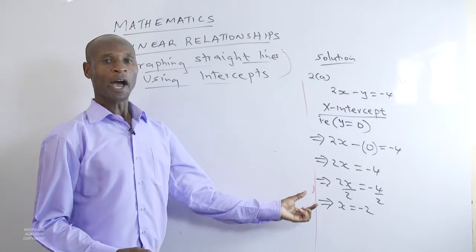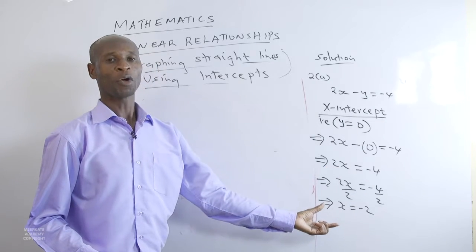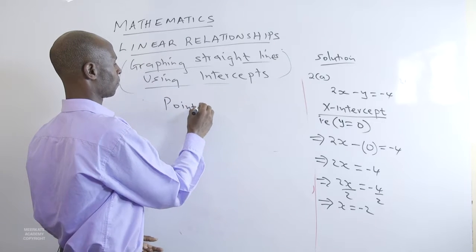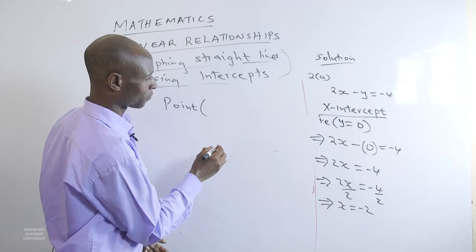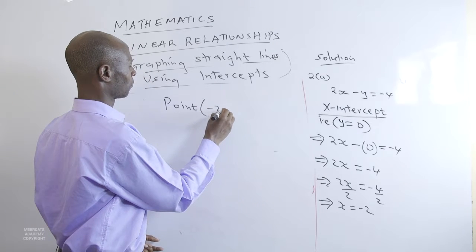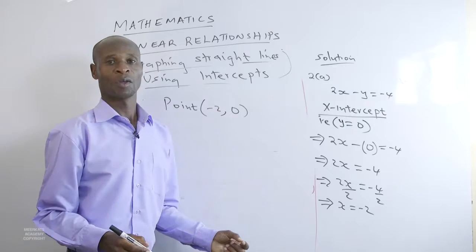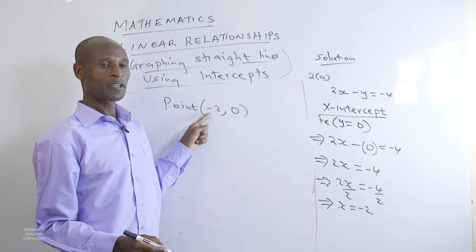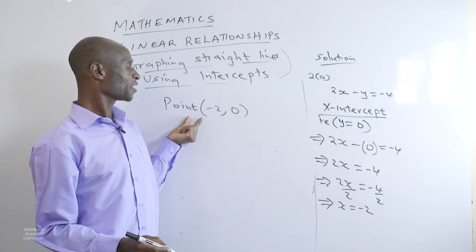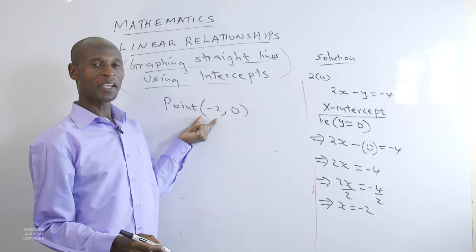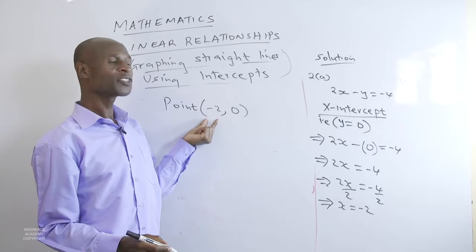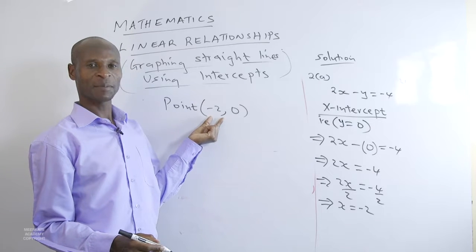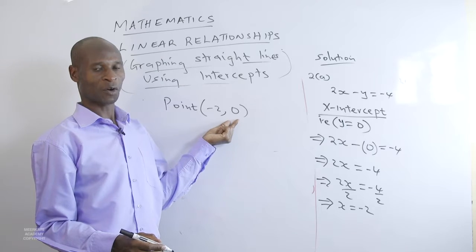Now, we go ahead and write down the point. When writing down the point, we start with the x-coordinate followed by the y-coordinate. So in this case, the point where the graph cuts the x-axis is (-2, 0). And therefore, the x-intercept is (-2, 0).